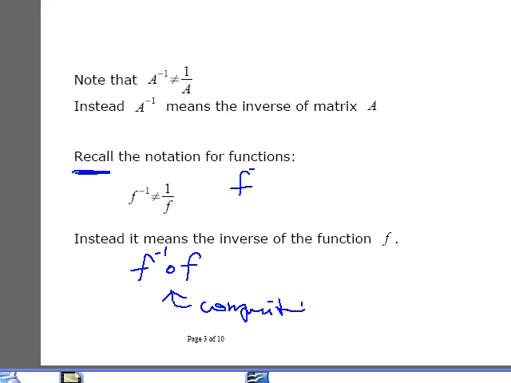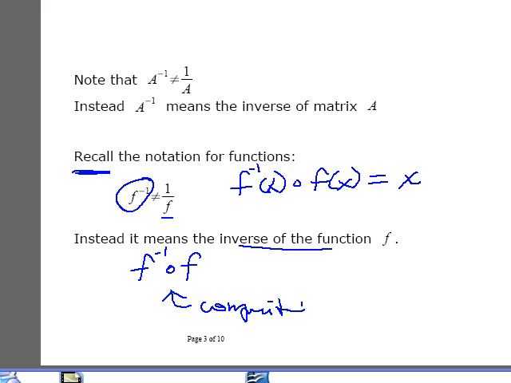So you have f inverse of x composed with f of x, and the answer is just plain old x. You get the x back. That's what it means for functions. But this -1 as a superscript right on the f does not mean 1 over f like it does in every other case. Instead, it means the inverse of the function f.